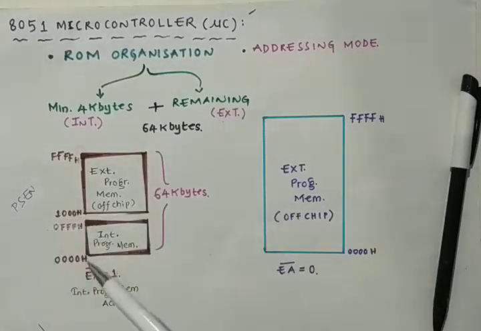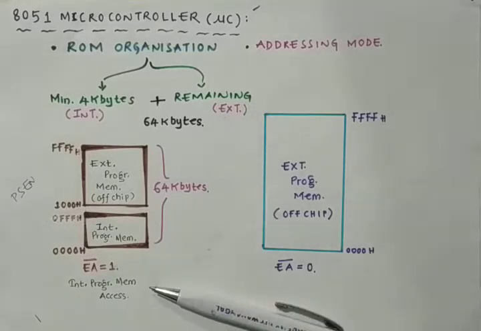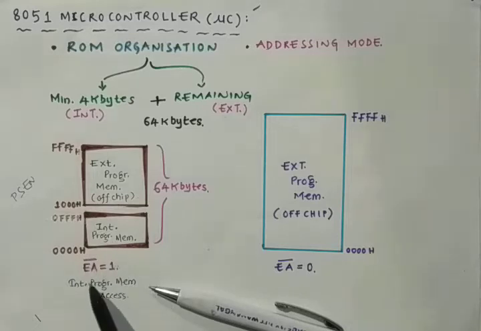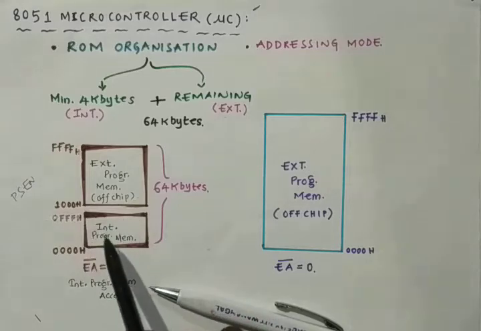The point is very clear: external access is an active low signal. Active low signal means whenever it is programmed to 0, it can have external memory accessing. Whenever the external access pin is programmed to 1, it can access the internal program memory only.